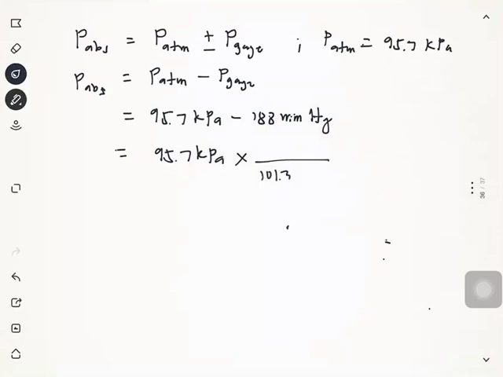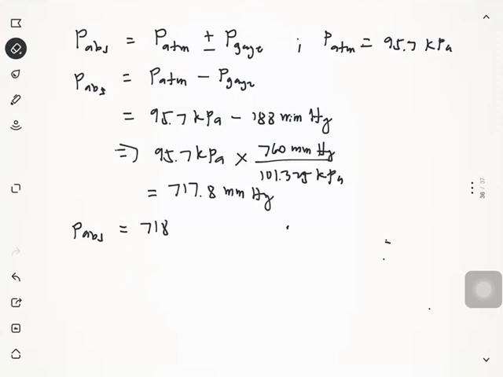Remember the equivalent in millimeters of mercury of the standard atmospheric pressure: 101.325 kilopascal is equivalent to 760 millimeters of mercury.